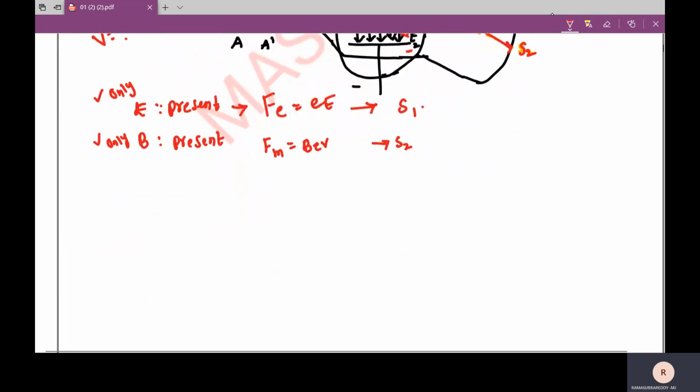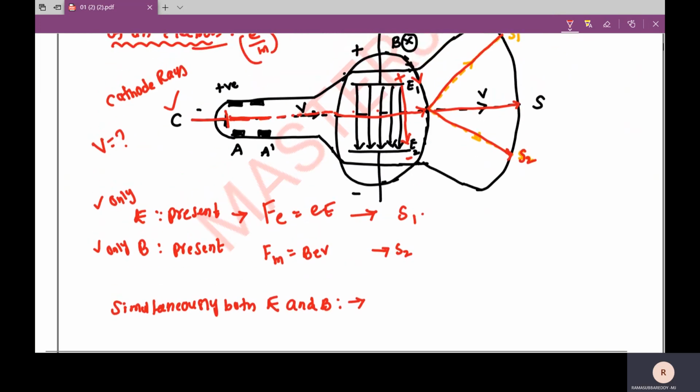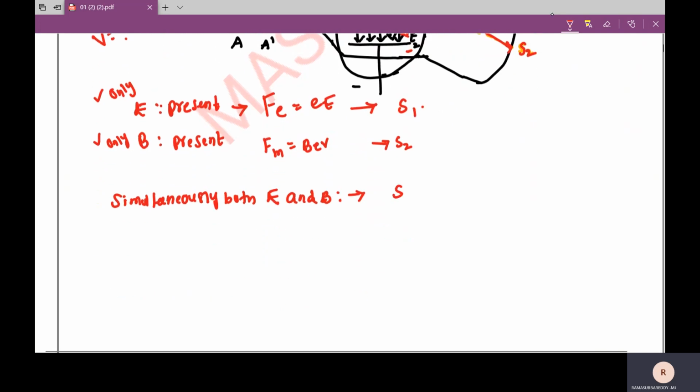Now we apply both the electric and magnetic fields simultaneously. What will happen? The electron moving perpendicular to the direction of the electric and magnetic fields is undeflected and strikes the point S. In this particular case, our magnetic force is equal to the electric force.